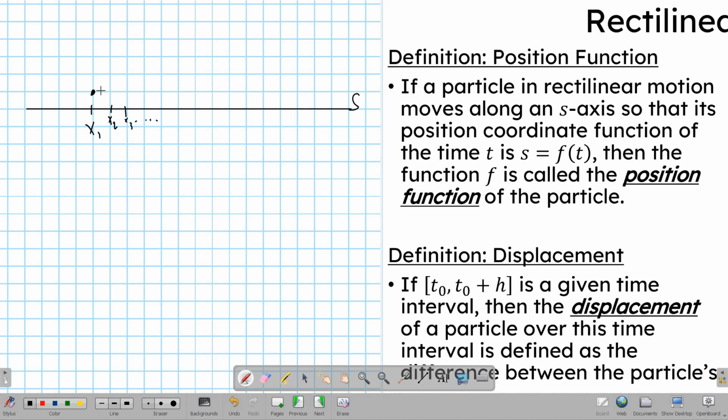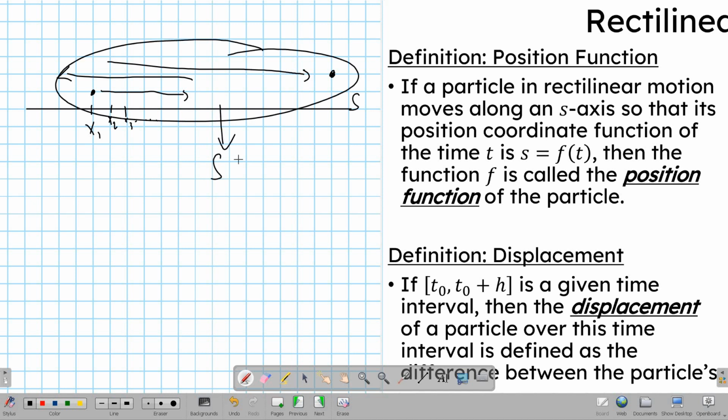So if your particle moves from here, then goes back, or goes further, then stops here, and this is described by s equals f of t, where the independent variable is time, then this is what we call it.